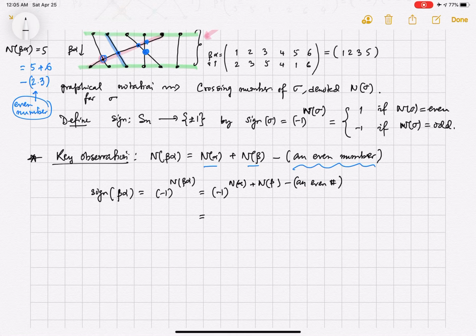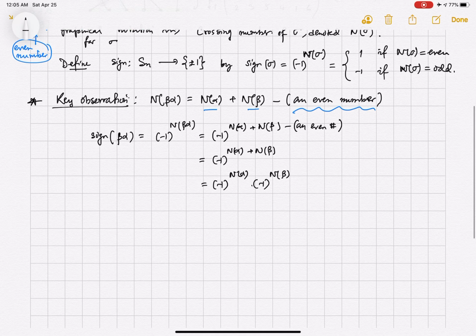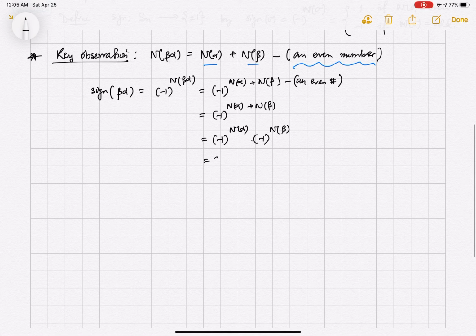But minus 1 to the power an even number is just 1. So it's just minus 1 to the power n alpha plus n beta. So it's minus 1 to the power n alpha times minus 1 to the power n beta, which is sine of beta times sine of alpha. Here we are only talking about plus minus 1, so there is no problem in commuting.